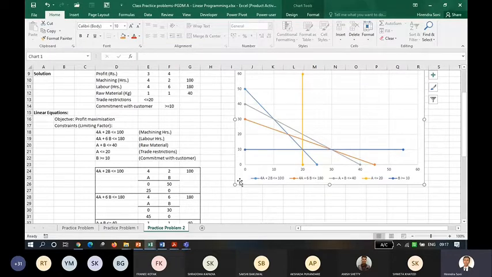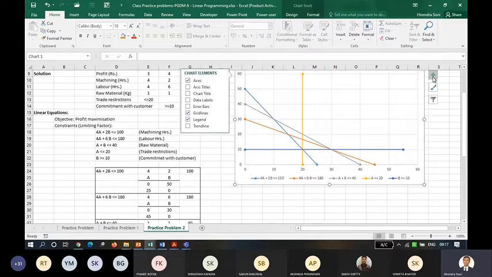So let's do one thing, we will add the minor grid lines also: primary minor horizontal and primary minor vertical. Hopefully this should help us.